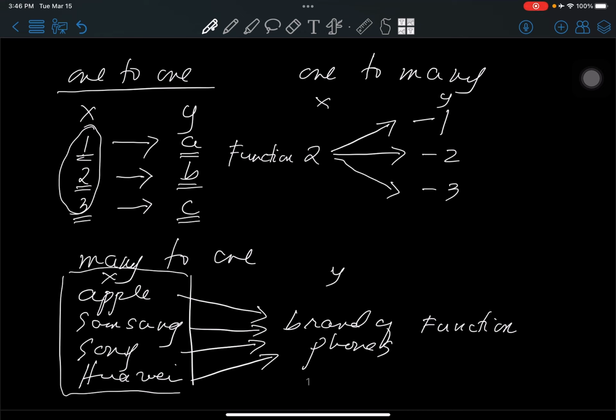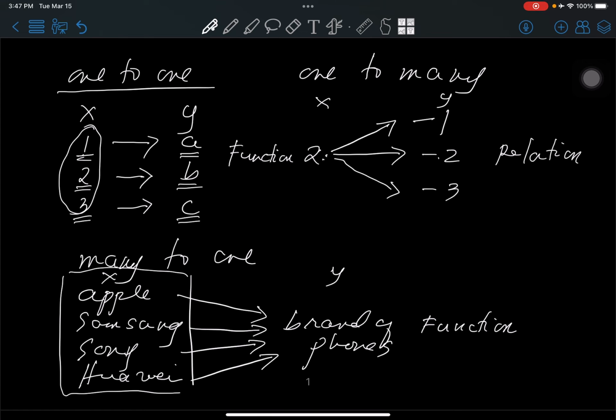How about here? One-to-many. Is this a function or a relation? What do you think? Okay, one-to-many correspondence is a relation. It's a relation simply because, with respect to the definition of a function, your x should not be repeated. In our example here, we have 2. 2 is paired to -1. 2 is paired to -2. 2 is also paired to -3.